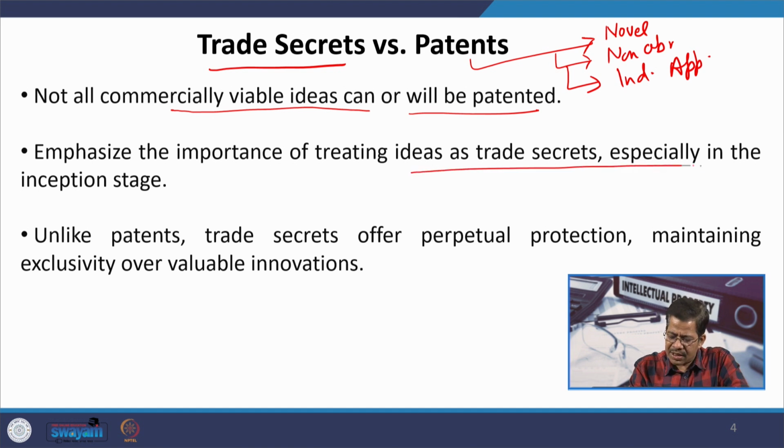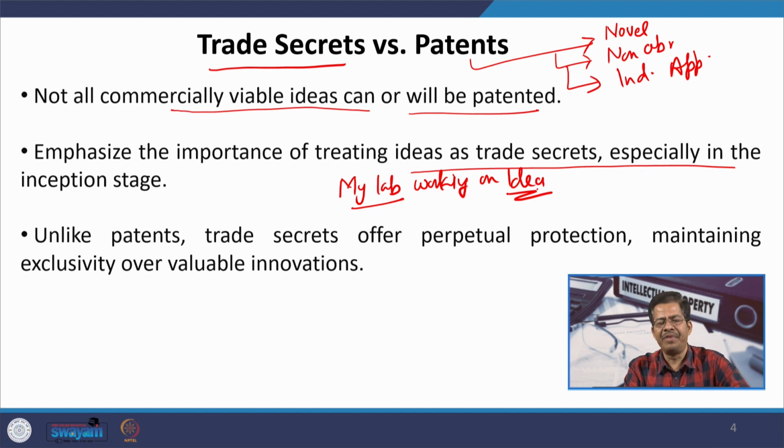Now, sometimes trade secret is the initial way, and once you have enough data, then it can go into the patent. For example, I start working in my lab on an idea. Now, during let us say the initial few weeks or few months, I do not have enough data on this idea, and when I do not have enough data, it will be difficult to go for patent.